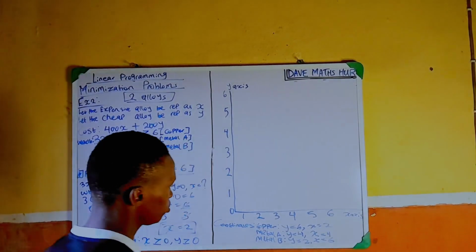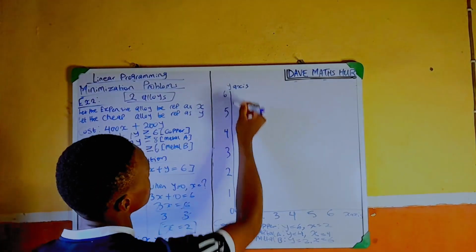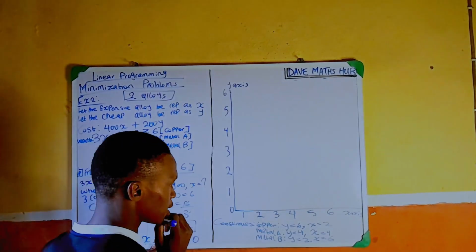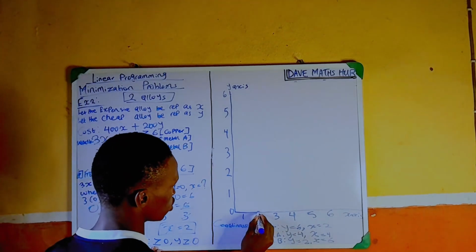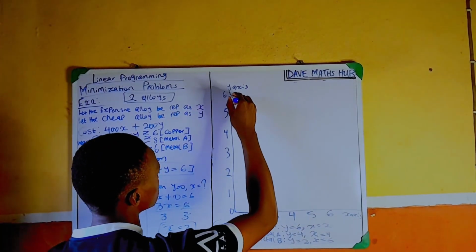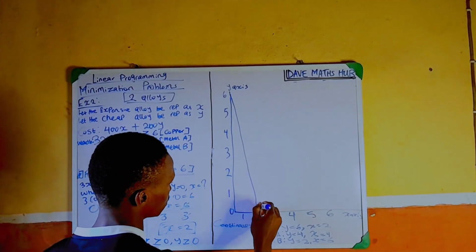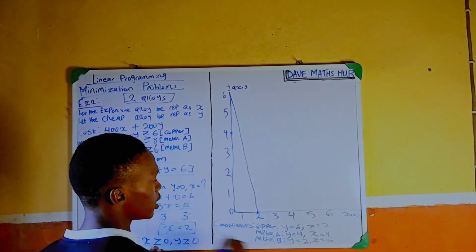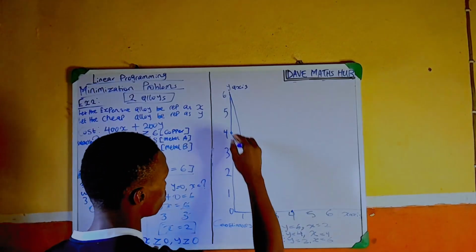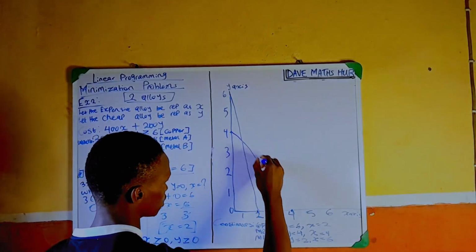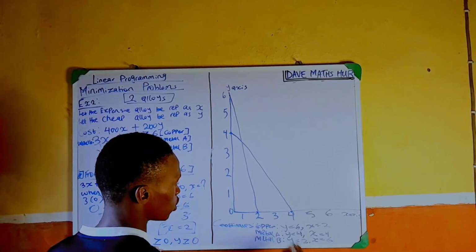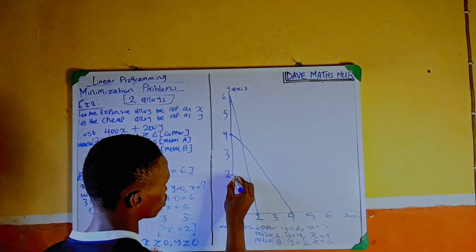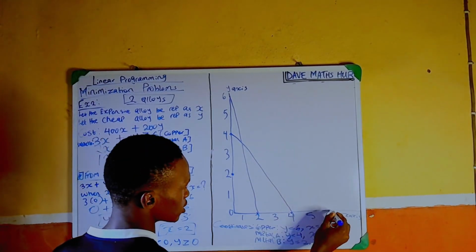So, when y is 6, x is 2. We allow them to meet. When y is 4, x is 4. We'll allow them to meet. When y is 2, x is 6.